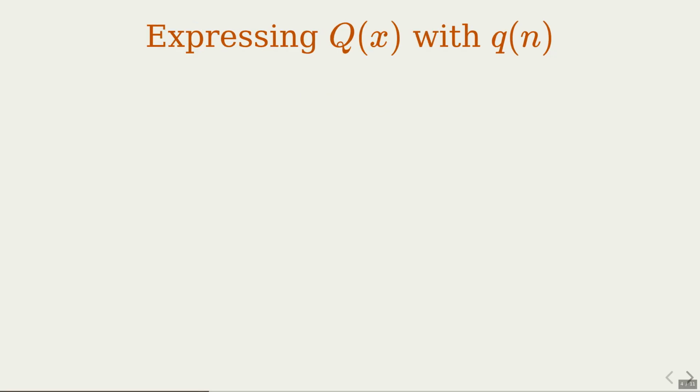Once we have an indicator, counting square-free numbers up to x is just summing that indicator. Here, Q of x, the number of square-free integers up to x, is the sum of Q of n for n up to x. Substituting our formula for Q turns this into a double sum over all pairs n and d, with d squared dividing n.